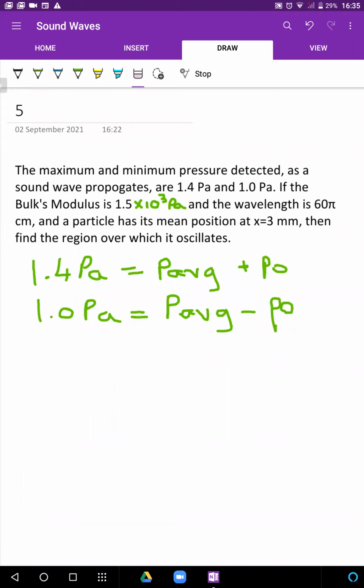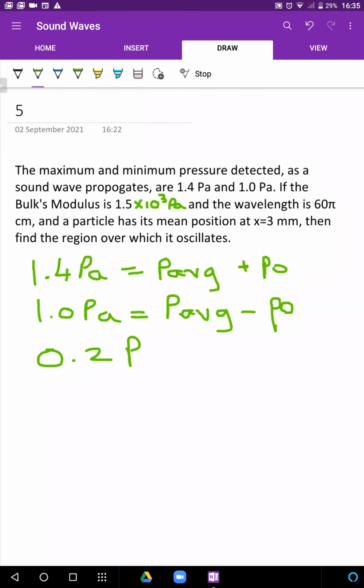So our amplitude is 0.2. Or you can just visualize, the mean pressure should be in the middle, 0.2 pascal above and 0.2 pascal below, you have the two extremes. So therefore your pressure amplitude is 0.2 pascal.